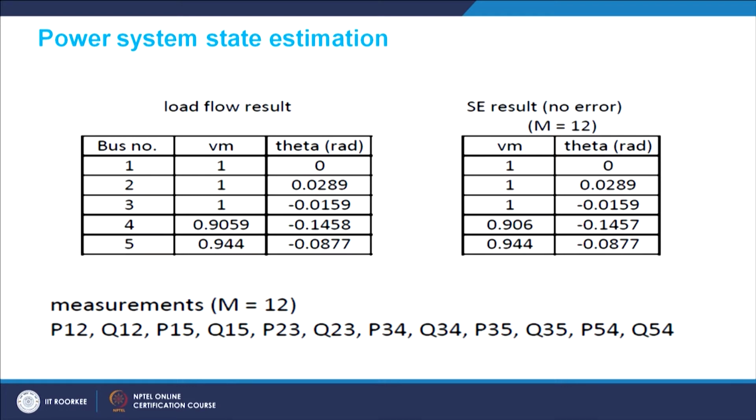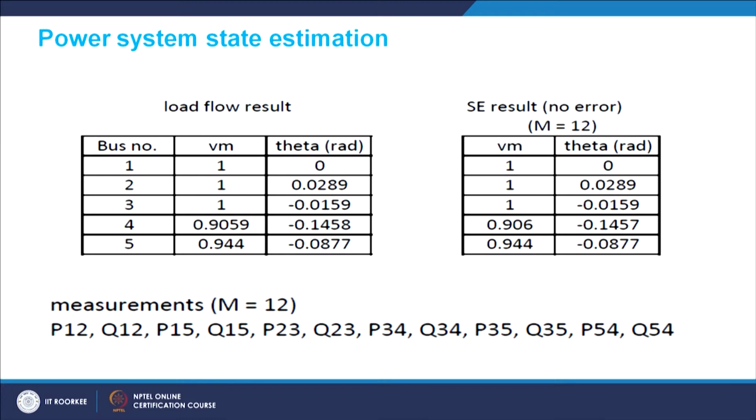Similarly, P15 is the real power flowing over the line between bus 1 and 5, measured at bus 1. So Pij is basically the real power flow over line ij measured at bus i.